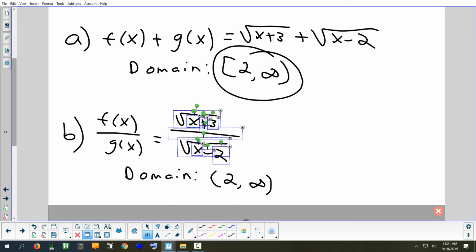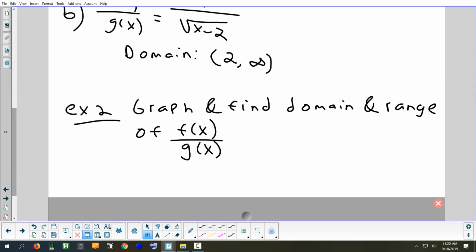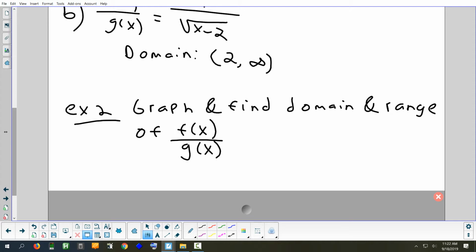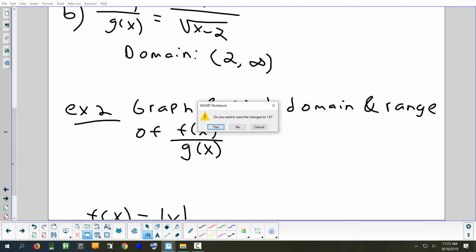Well, 2 minus 2 is 0, and the square root of 0 is 0, and then you divide by 0. So for the domain, you can start with the same one you had, but then check to see if anything in that domain would cause you to divide by 0. And if it does, just rule it out. Okay, any other questions on that? All right.